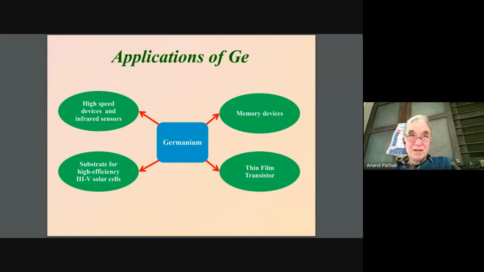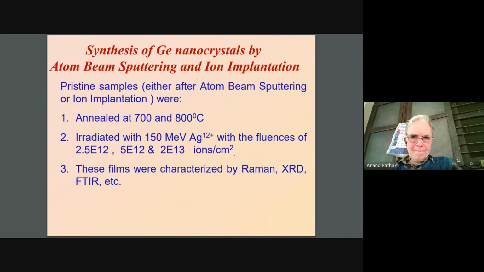Then one talks about germanium. What I just showed is going from one layer to the other, the interlayer change of strain. In the case of germanium, producing germanium nanoparticles: the synthesis of germanium nanoparticles is by atom beam sputtering and ion implantation.